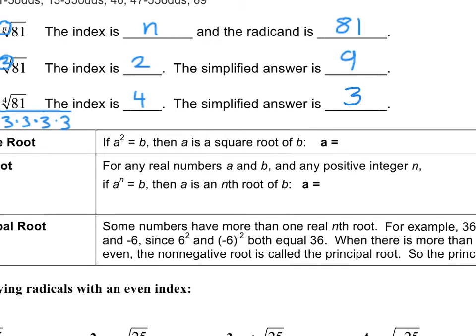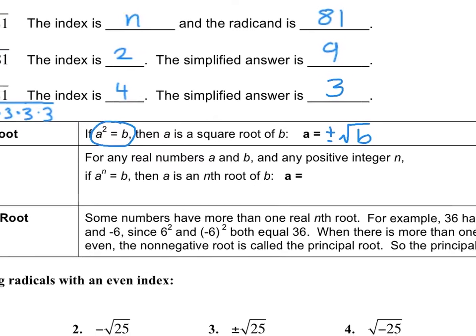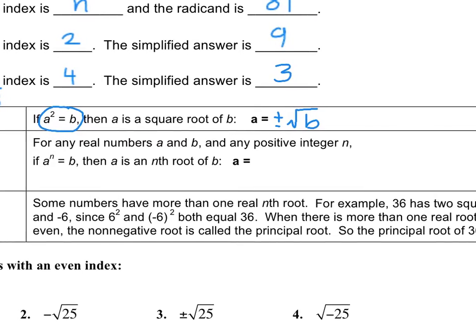Okay, so there's a little bit of debate over what A would equal there. Some people say A just equals the square root of B, while other people think you should put plus or minus. So you should have been taught earlier that when you are simplifying square roots, you only take the positive answer, but when you're solving equations, you put plus or minus.